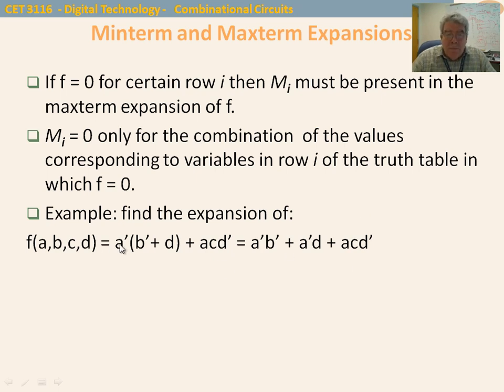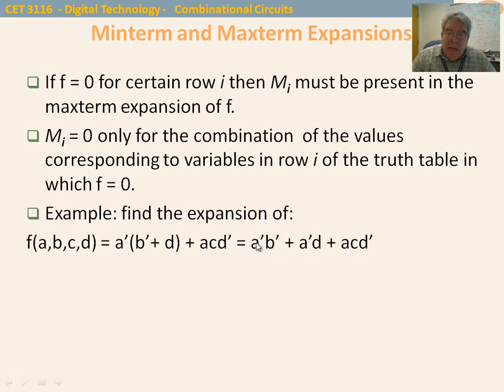Okay, so if we start proceeding with the associative law here, it says we have A naught and B naught, or A naught and D, and this is the other term. But still, we need this term to be expanded so that we have not only these two variables, but all possible variables.